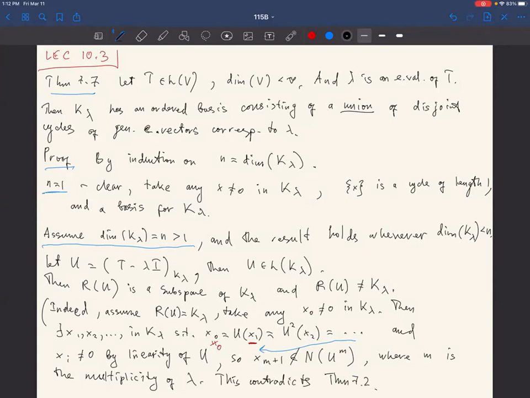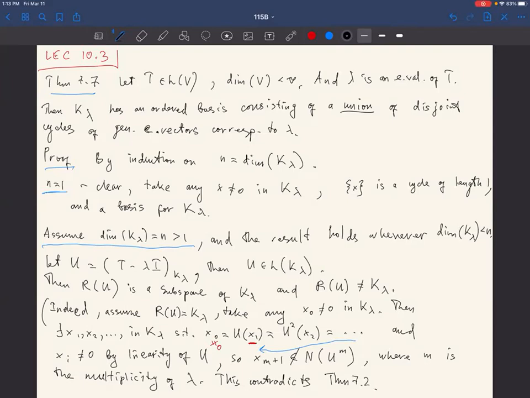But in this case, we get a vector x(m+1), which is in k lambda, so it is a generalized eigenvector in k lambda, and the multiplicity of lambda is m, but it's not 0. Taking the mth power of T minus lambda I and applying it to this vector, we don't get 0. So this contradicts the theorem.